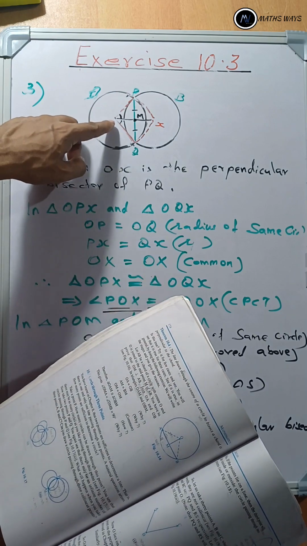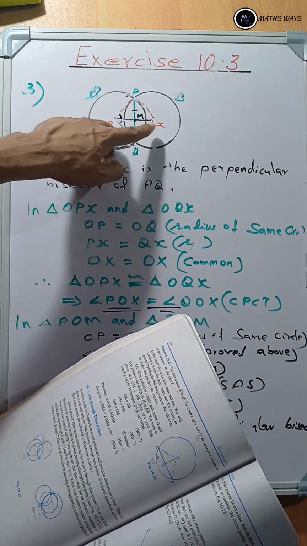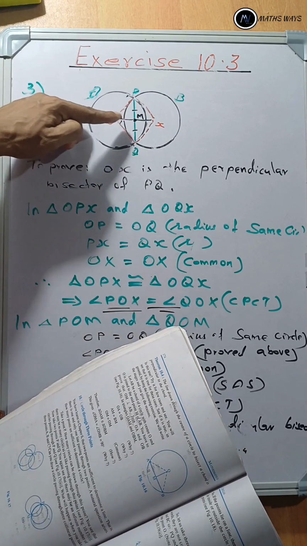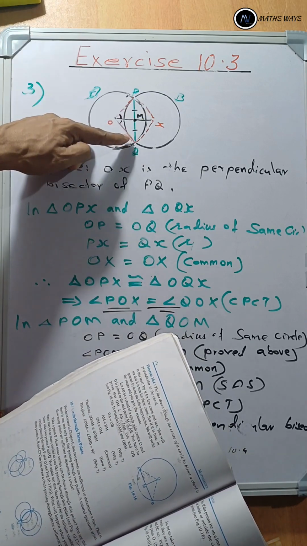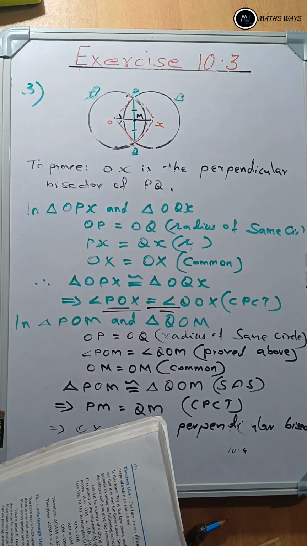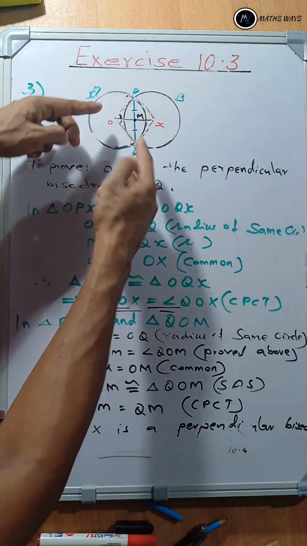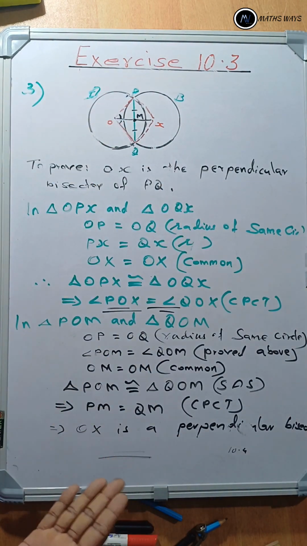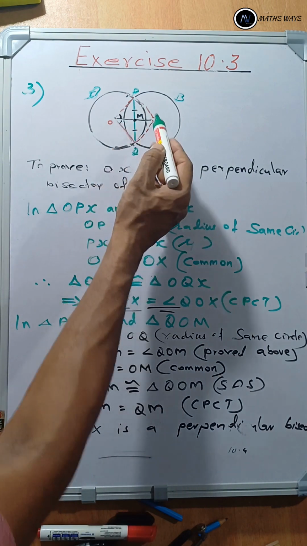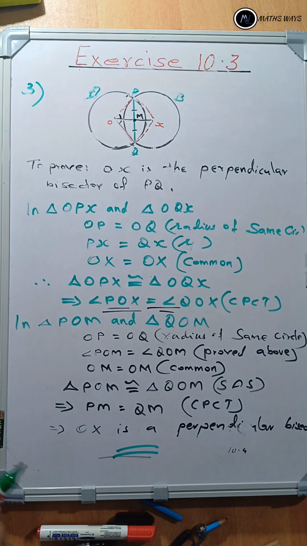If the line segment joining the centers of the two circles passes through the midpoint of the chord, then we can say this is the perpendicular bisector. If it is equally dividing, it will be perpendicular, so it is proved that OX is the perpendicular bisector of PQ.